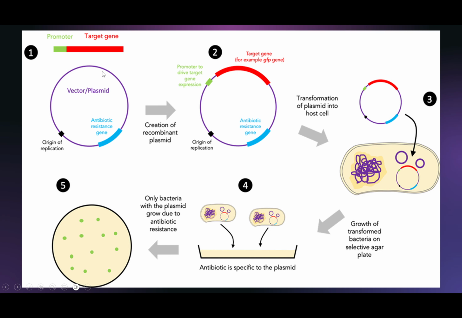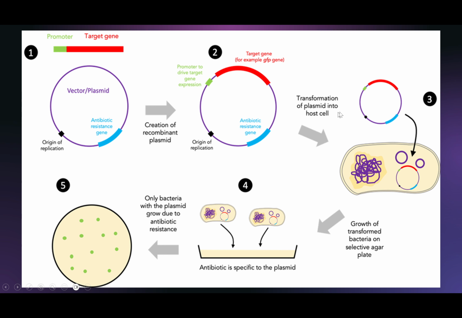So we cut the plasmid. In this case, we have an all purple ring with blue here. We cut the plasmid, and then we insert the new gene, the target gene, so it is now a part of the plasmid. And now we use ligase to ligate it, to glue it back.